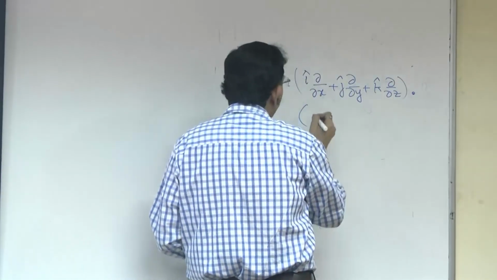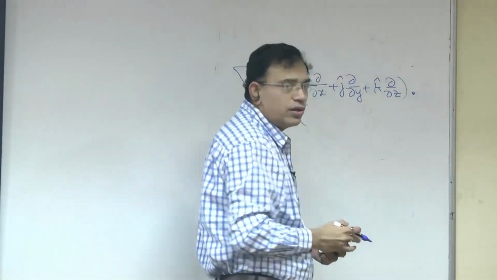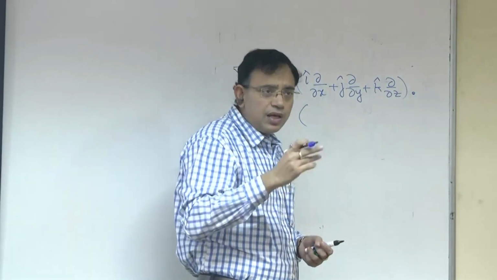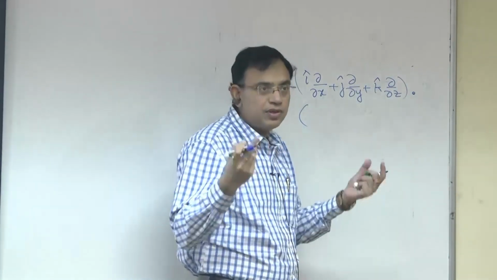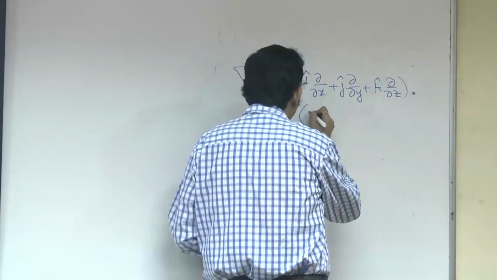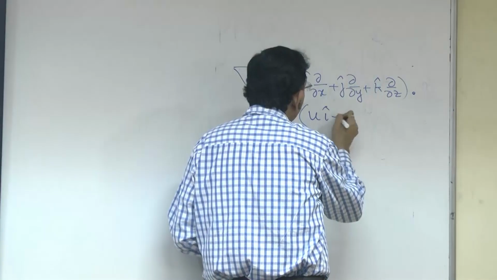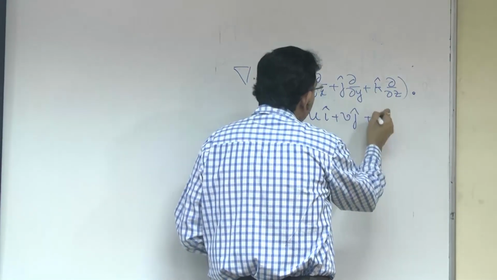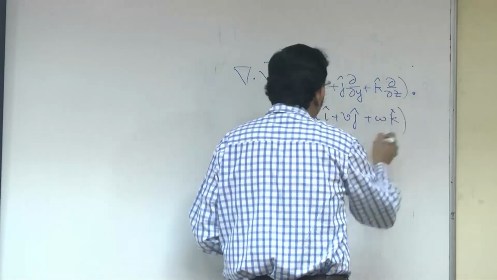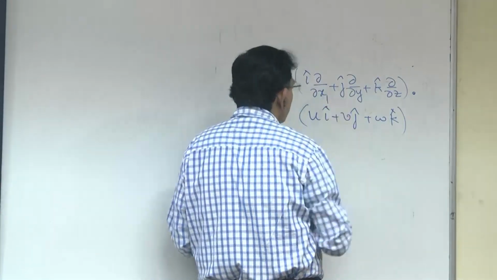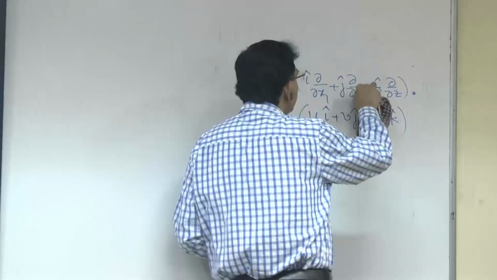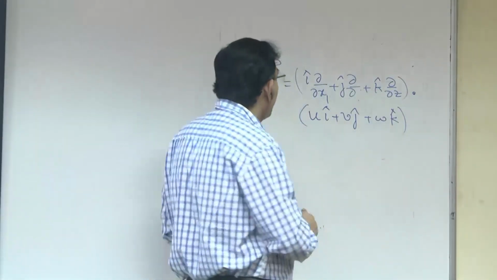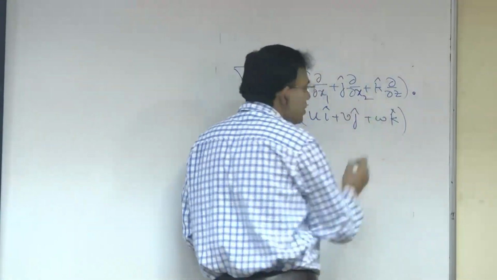The velocity vector which I was talking about, u1, u2, u3, in many elementary textbooks is written as u, v, w. It is all the same, just some name you give. So ui plus vj plus wk. In our index notation, we will change x to x1, y to x2 and z to x3.